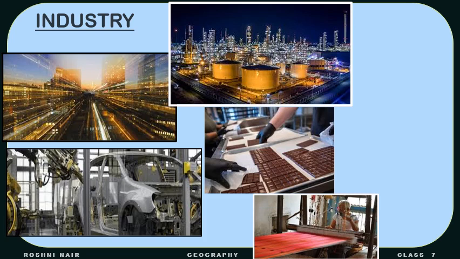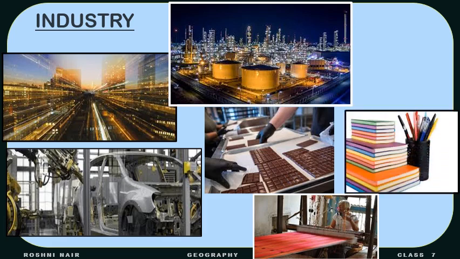Even we have the handmade or the cottage industries. And as I had mentioned in the beginning of the chapter, paper industry, or, as the picture indicates, it can be an industry which manufactures the basic stationery to be provided, right? So all these are different industries for you to understand.